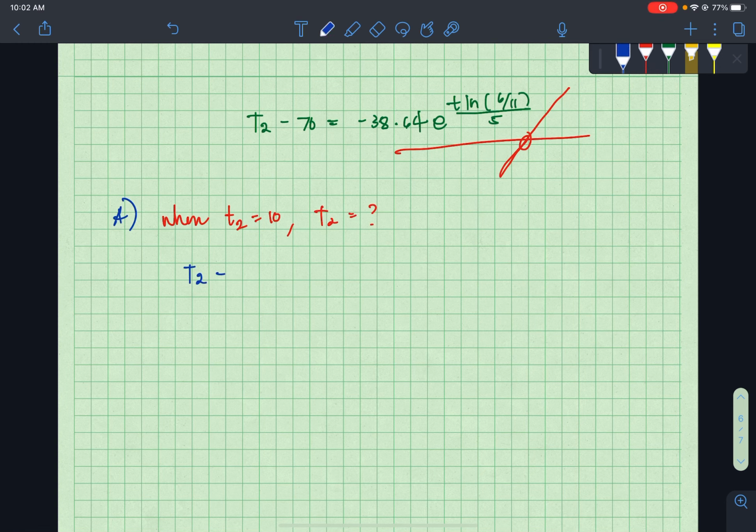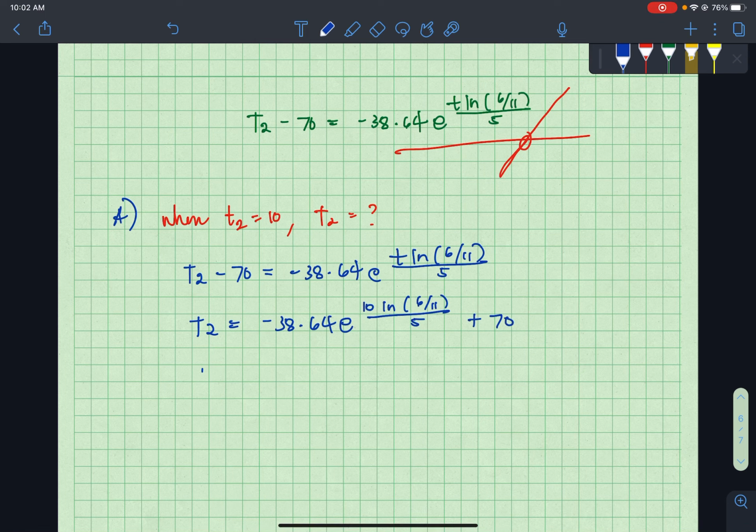We'll have T2 minus 70 equals negative 38.64 e raised to t ln of 6 over 11 divided by 5. So T2 would be equal to negative 38.64 e raised to 10 ln of 6 over 11 divided by 5, and then plus 70. So T2 is 58.50 degrees Fahrenheit.